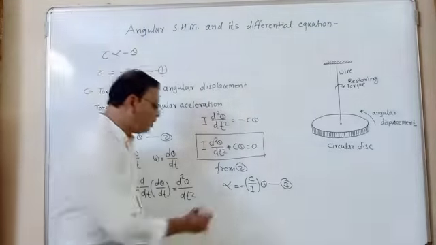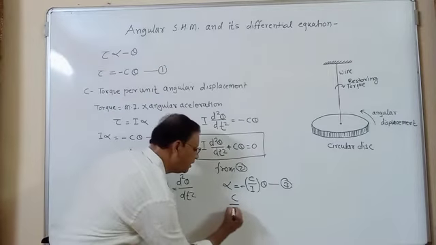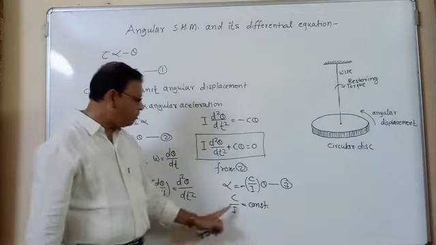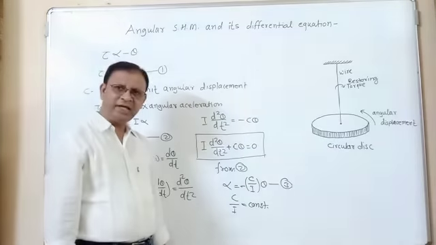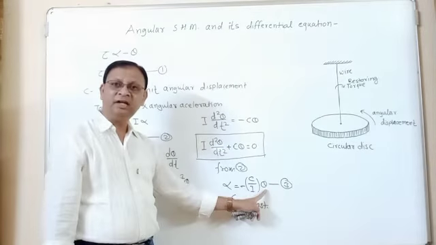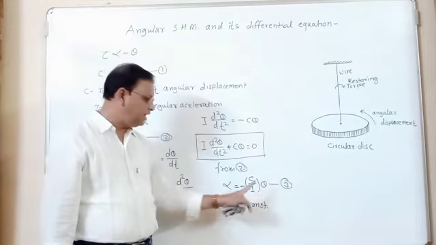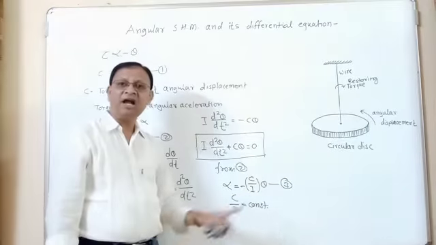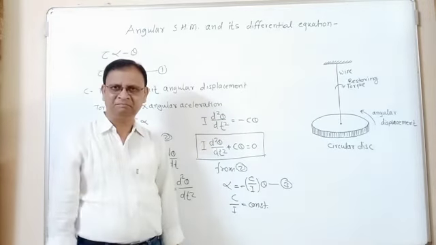So C upon I is equal to constant. So as C upon I is constant, we can say that alpha is directly proportional to theta. And the negative sign indicates that alpha and theta are opposite in direction.